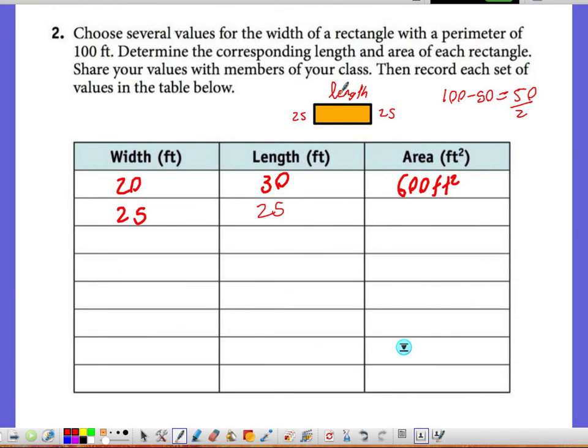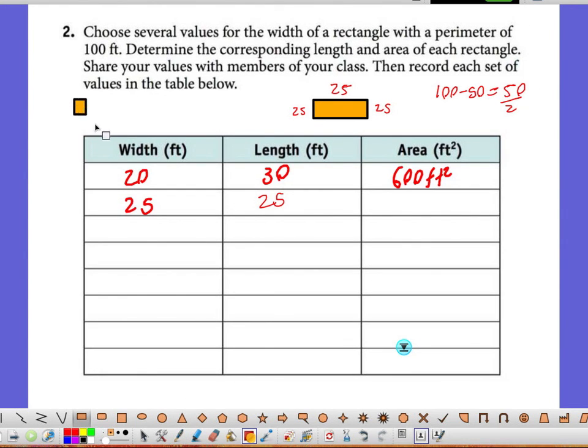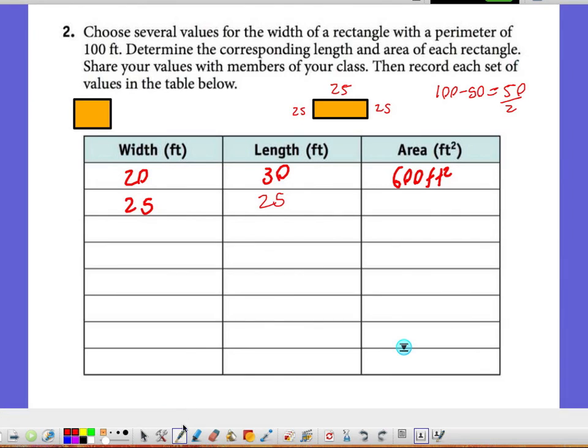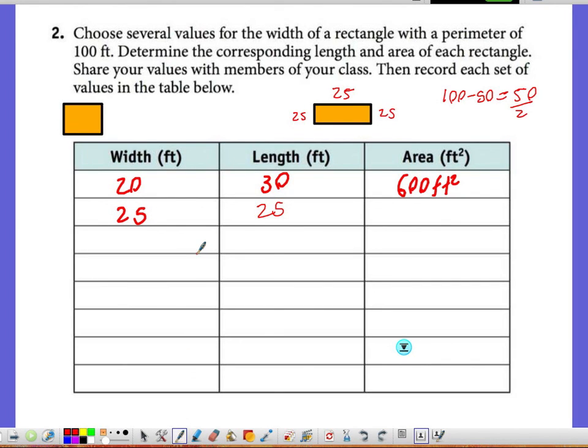Now, you may say, but if the length and width are the same, then I don't have a rectangle. I have a square instead. Yes, you will have a square. But by definition, a square is also considered a rectangle.